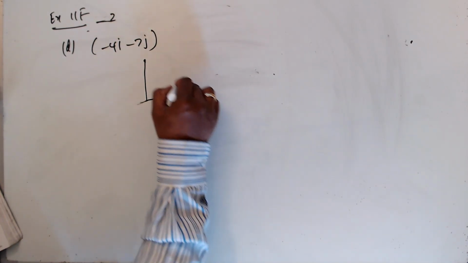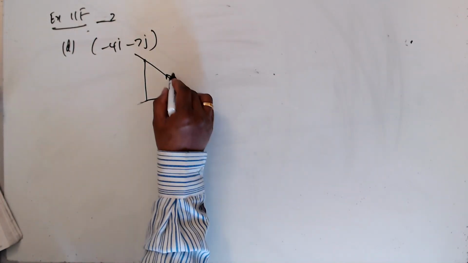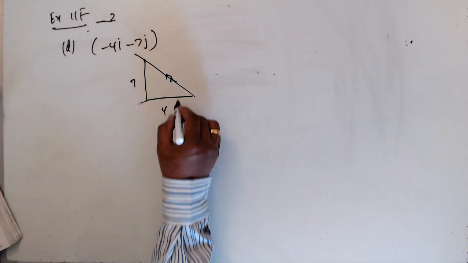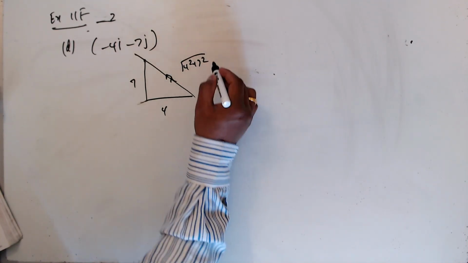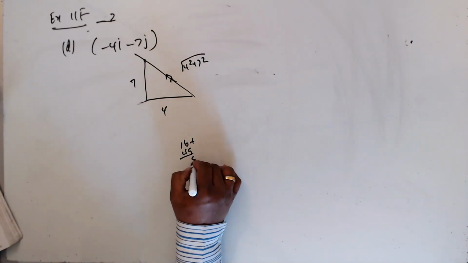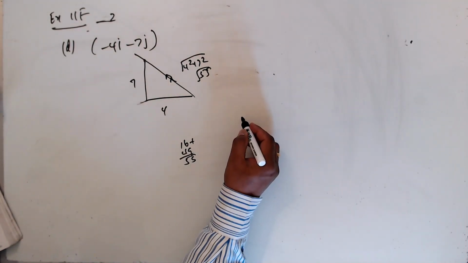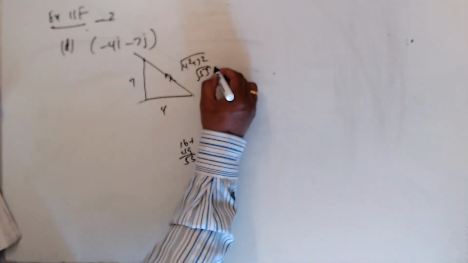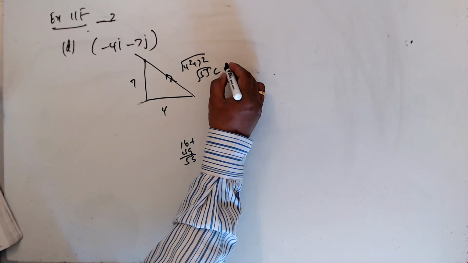So it is going in this direction. So what is the speed now? The speed you will get is the square root of 4 square plus 7 square, that is 16 plus 49, so square root 65, cms minus 1.